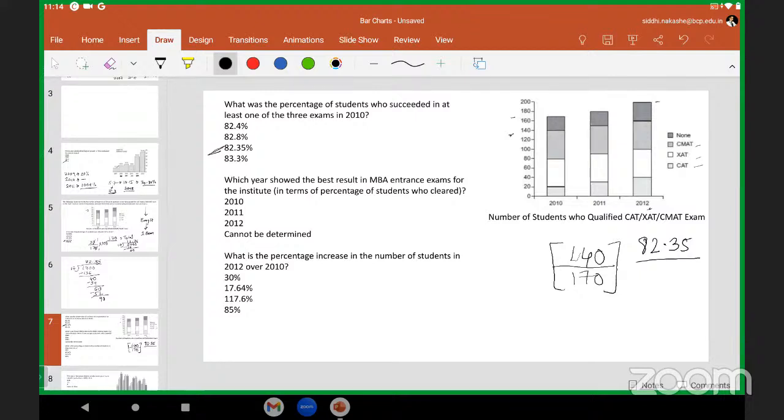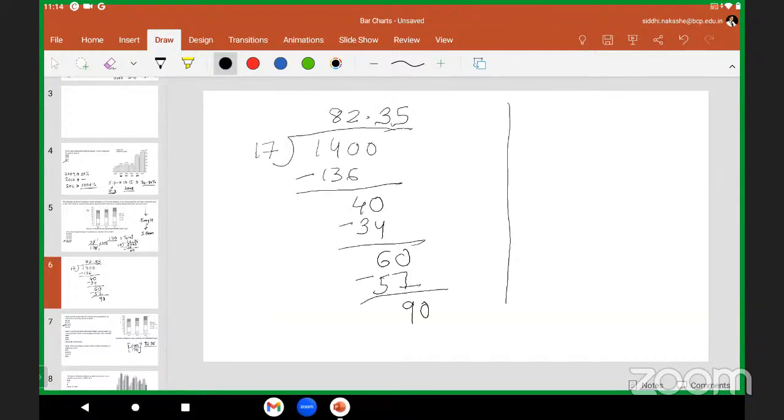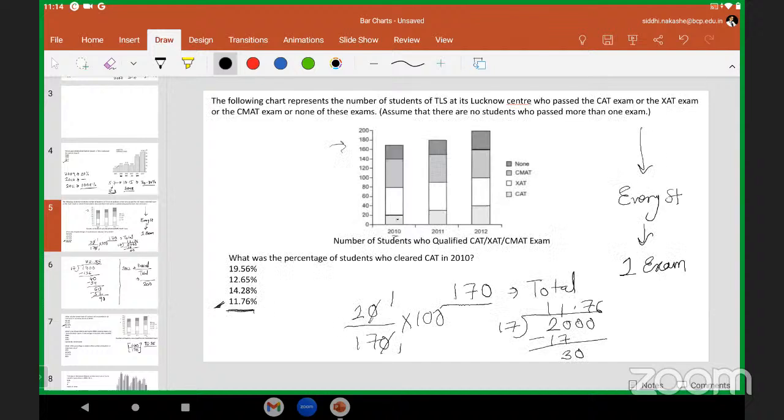Okay. So for 2012, passed upon total. So the total is 200. And the number of students who did not pass any ranges from 160 to 200. That means 40.